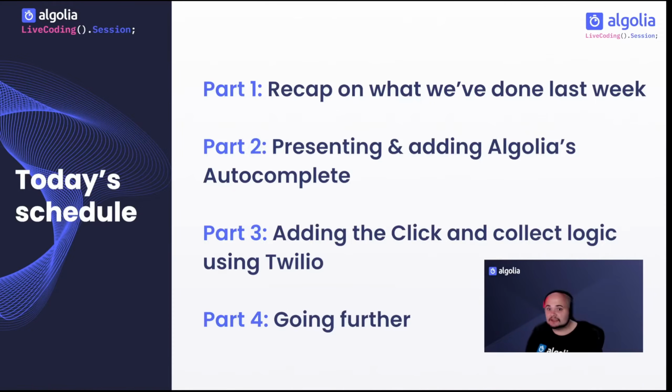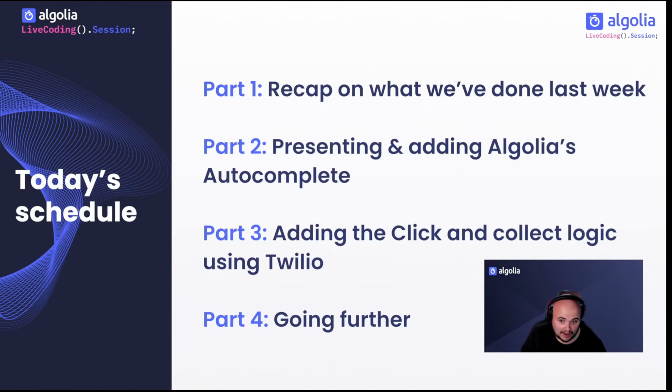So we'll start by reviewing what we've done quickly because we have a tough schedule and we have extensive things to do. We're gonna present what is Algolia Autocomplete and we are gonna add it using our indexes and creating a plugin for it.